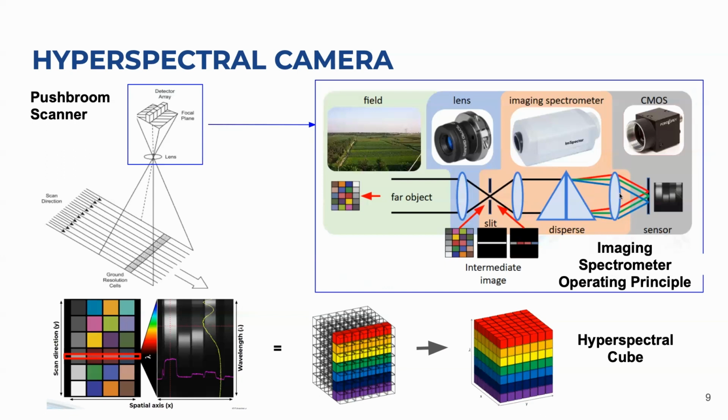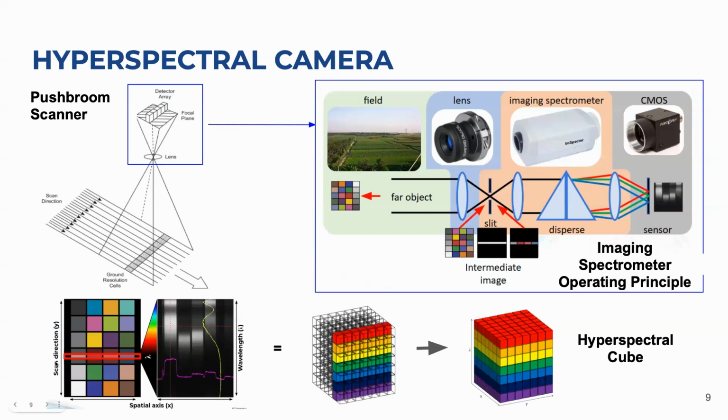And these rainbow colors impinge on the CCD, and therefore, essentially, one line of light produces one slice of a hyperspectral image.